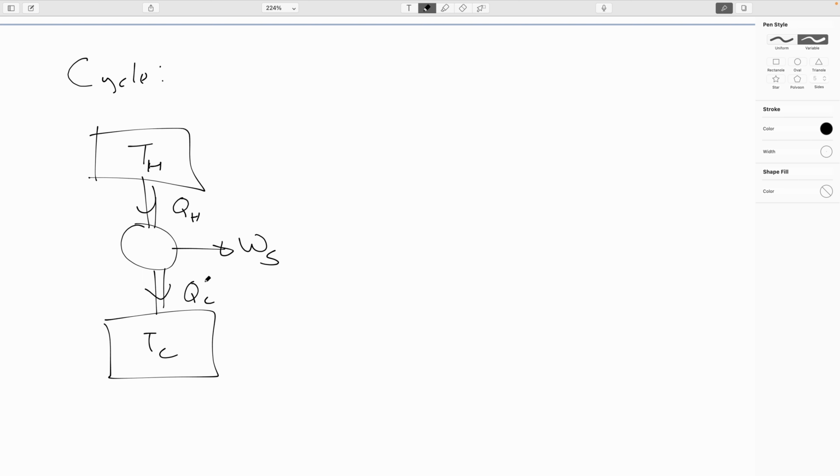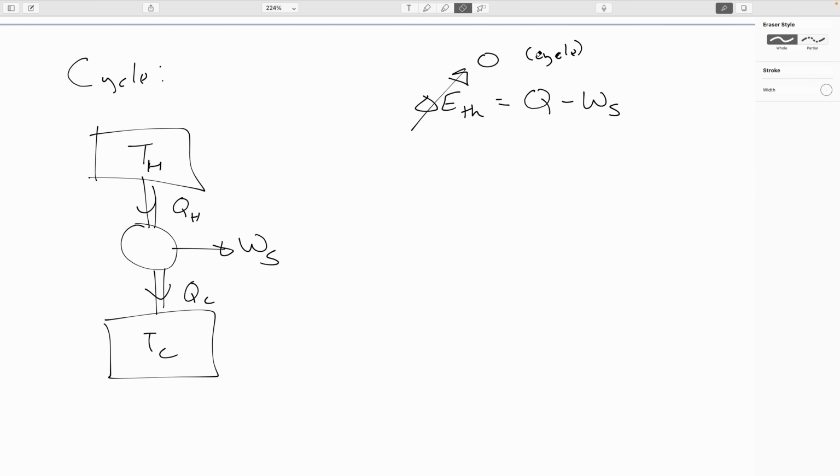So over one cycle, by the first law of thermodynamics, remember delta E thermal equals Q minus work done by the system. Over one cycle, the change in the thermal energy has to be 0. That was, remember, because you end up back where you started from. In order to end up back where you started from, you also have to end up back at the same temperature.